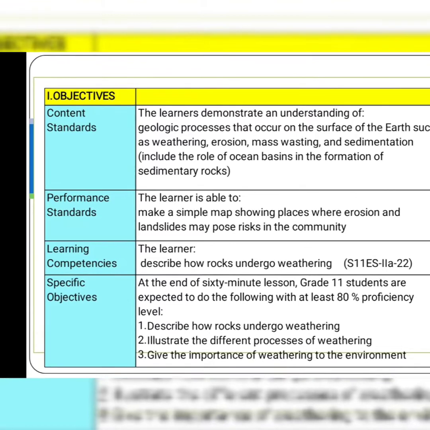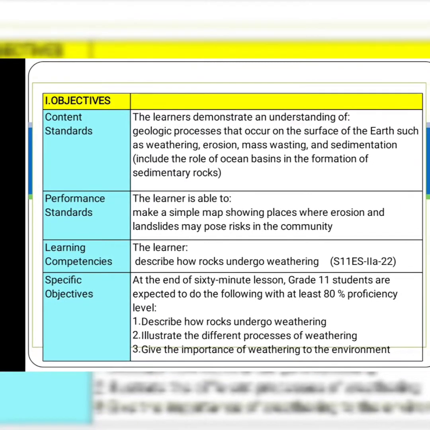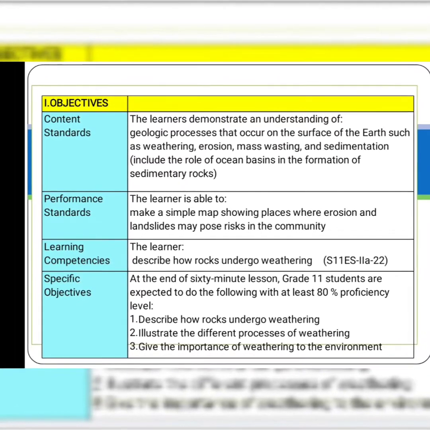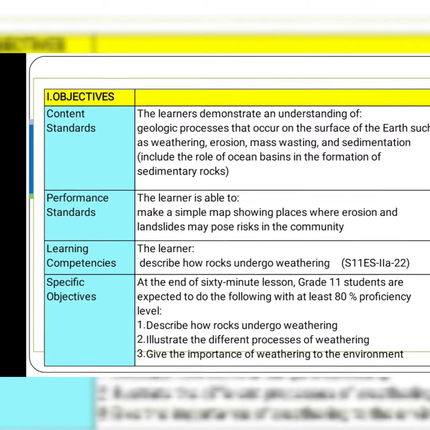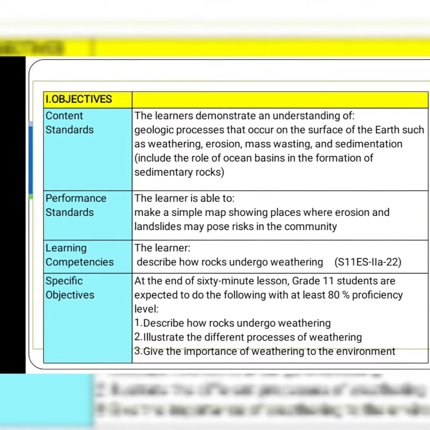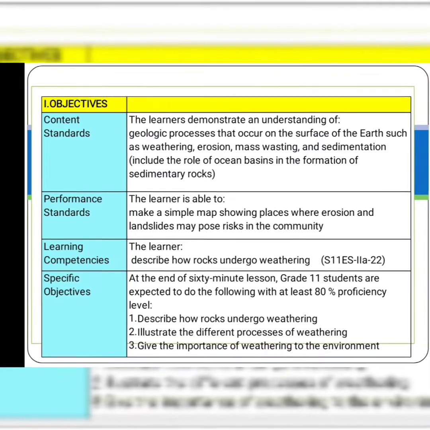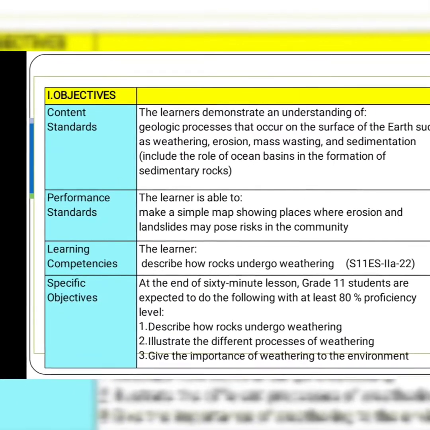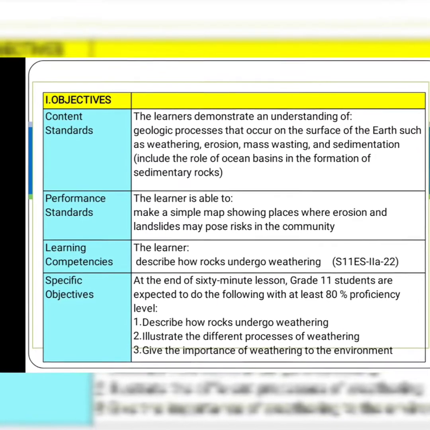Like for me, in order to come up with the 3 objectives, I have to know the learning competencies because from there, I will be able to identify what are the objectives for the lesson. So, the learning competencies will be our basis in formulating the specific objectives.